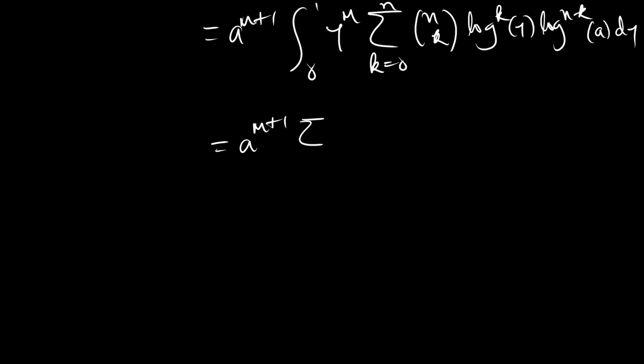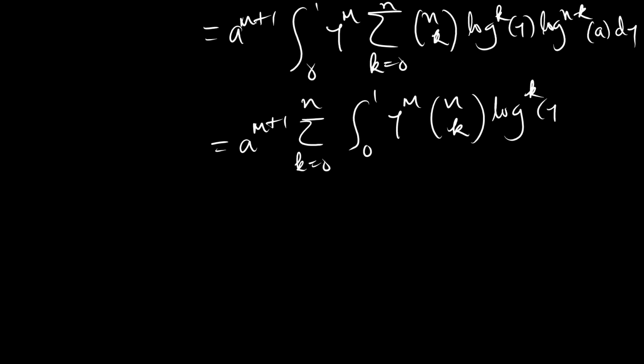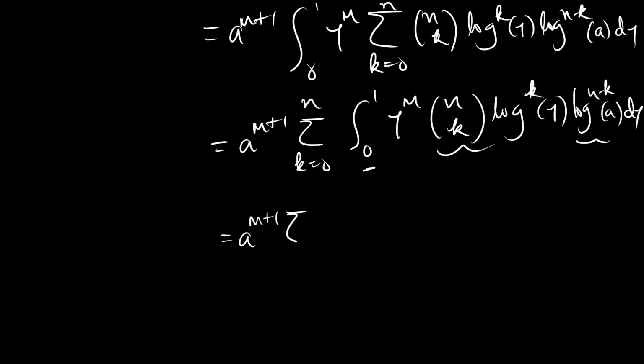So we have the summation from k equals 0 to n, integral from 0 to 1 of y to the m, log to the k of y, log to the n minus k of a, dy. And here we see that this and this are constant to this integral sign, so we can always bring that out.